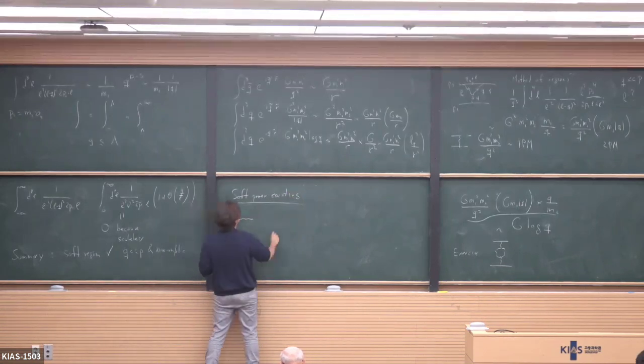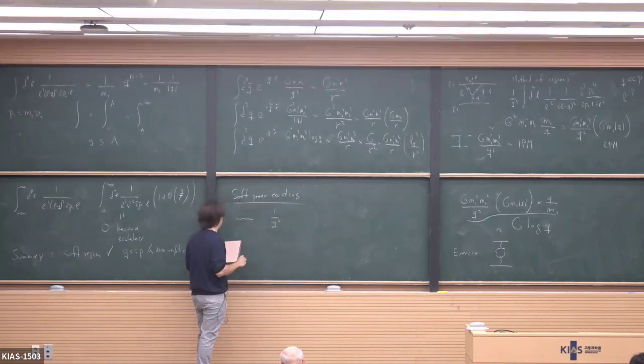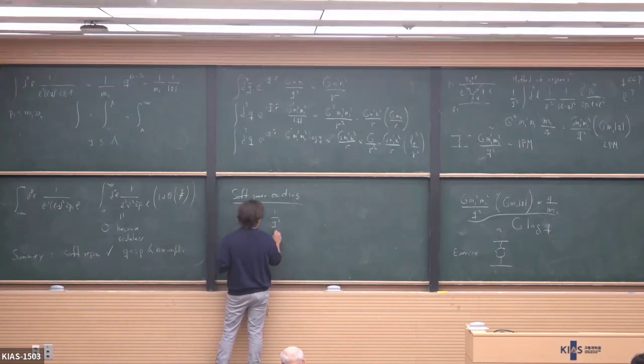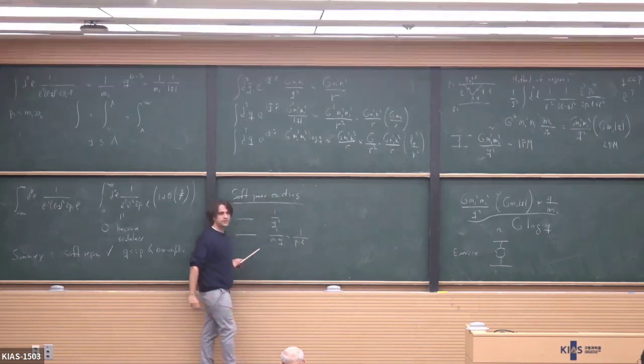This is homogeneous, so this will go like 1 over q squared. If we have a matter propagator, this will go like 1 over the mass times q, because we said that this goes like p dot L typically.